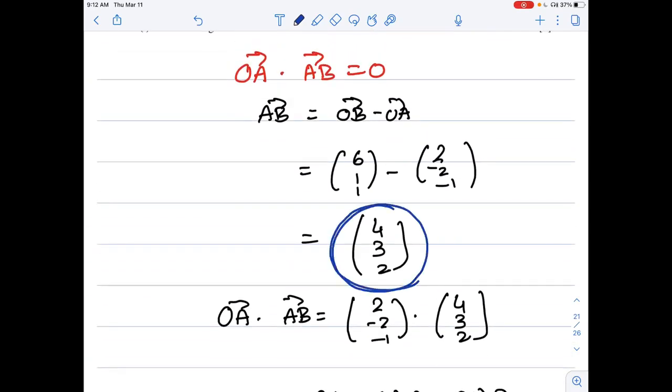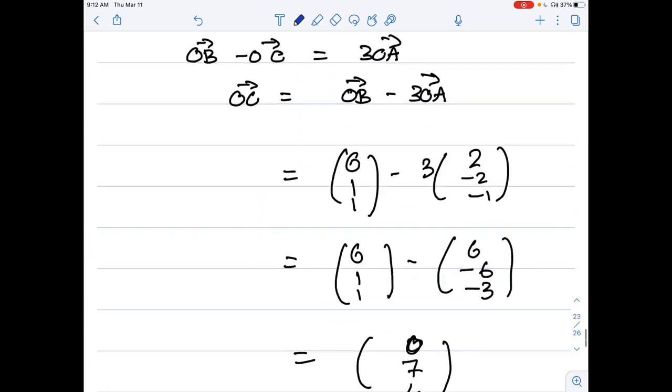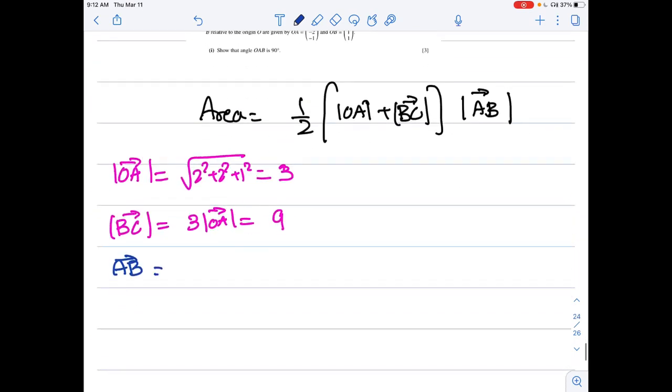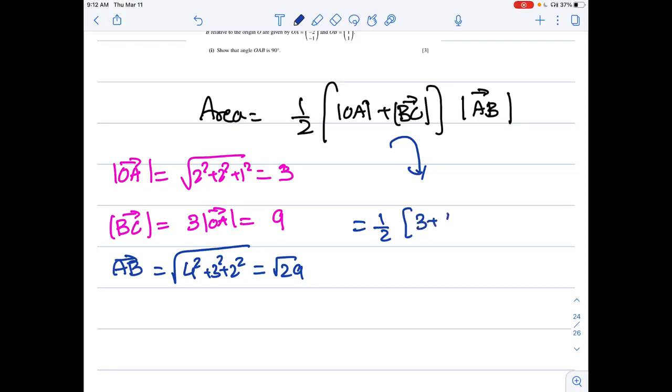AB is (4, 3, 2). So the modulus of AB is the square root of 4 squared plus 3 squared plus 2 squared. So that becomes root 29. So now the area will become 1 upon 2 times the modulus of OA, 3, plus the modulus of BC, 9, times root 29. So this becomes 12 upon 2, 6 root 29. So that's going to be the answer.